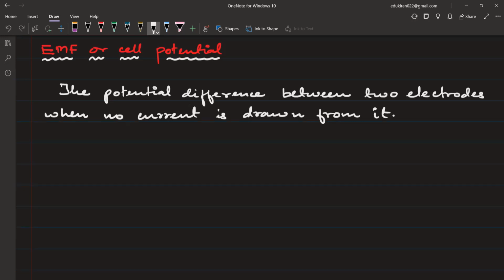When no current is drawn from it. Okay, we are not using the current, right? That potential difference. I'll write some remarks.